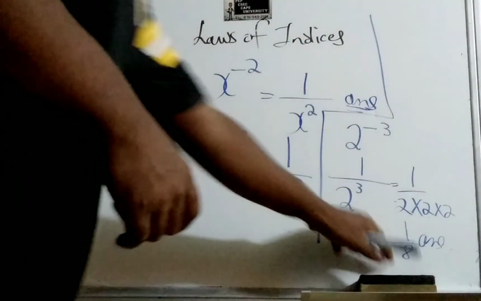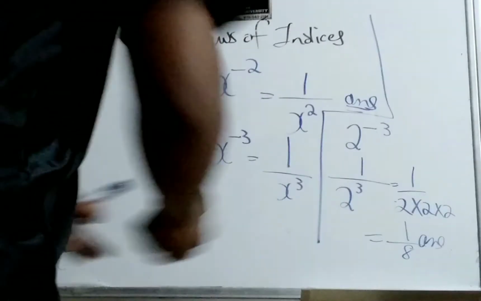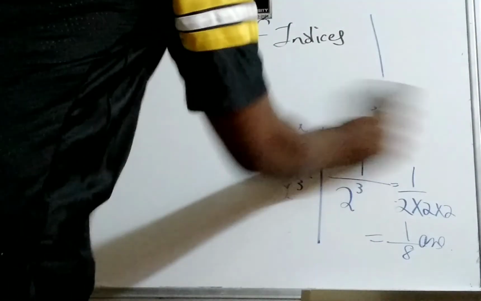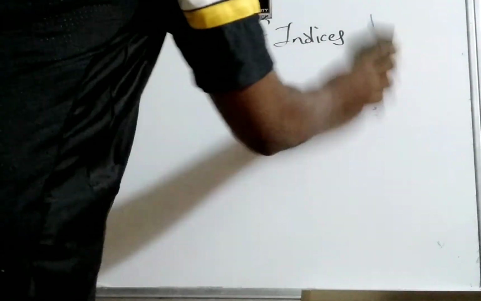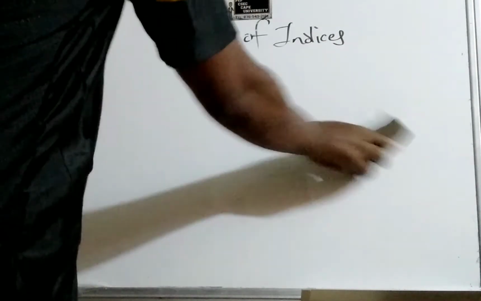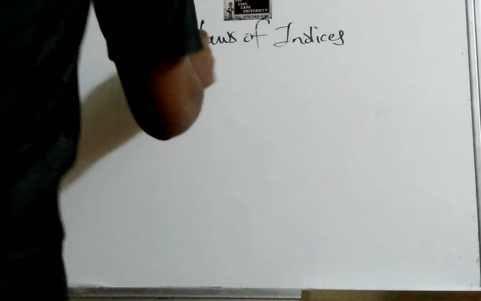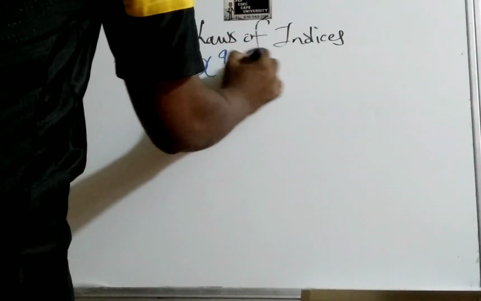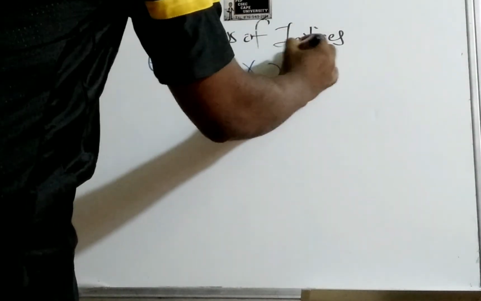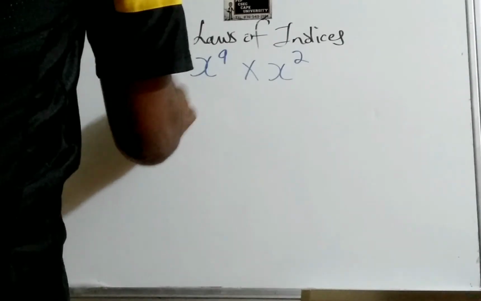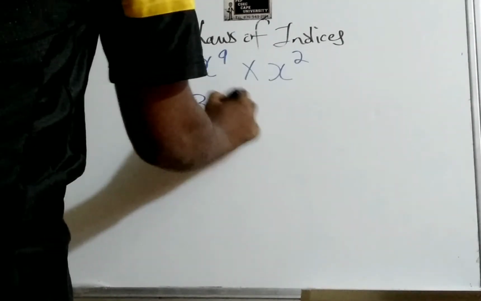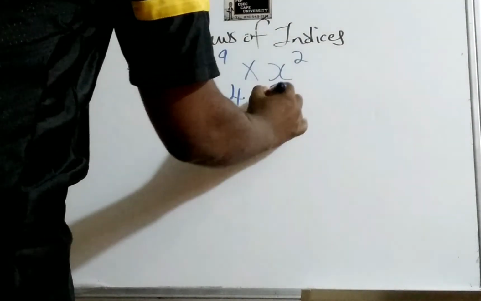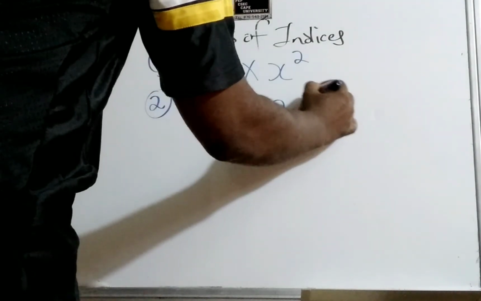Alright guys, now this will be your assignment. Question 1 says x to the 9th times x to the 2nd. Number 2 says 3x to the 4th times 2x to the 5th.